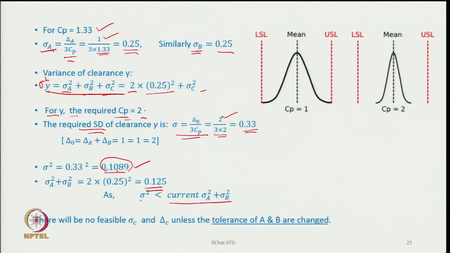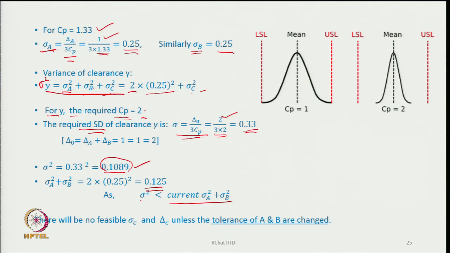If that value is 0.1089 and the right hand side, the summation of these two, is 0.125, then sigma square c has to be negative. The variance cannot be negative, and therefore, it will not give you any feasible solution, it is not possible.